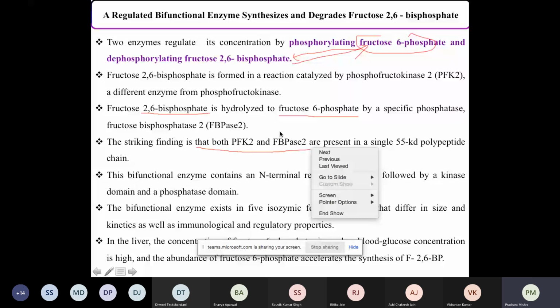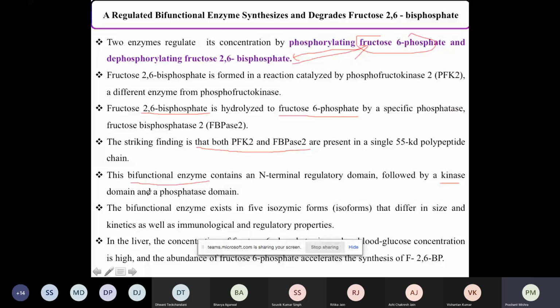So the one which controls synthesis and the one which controls degradation are present in the same polypeptide, the same enzyme, having both functions. That is why it is called a bifunctional enzyme. So a bifunctional enzyme will have a kinase and a phosphatase. The kinase will synthesize fructose 2,6-bisphosphate and the phosphatase will degrade fructose 2,6-bisphosphate to fructose 6-phosphate.